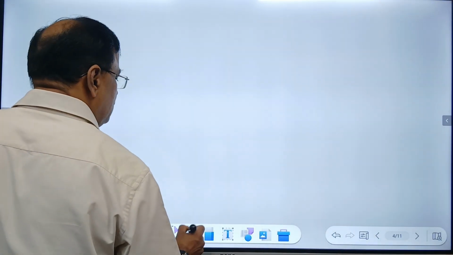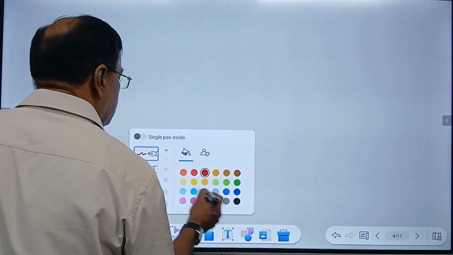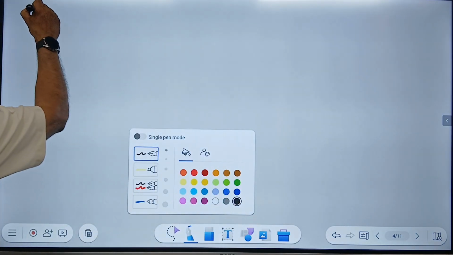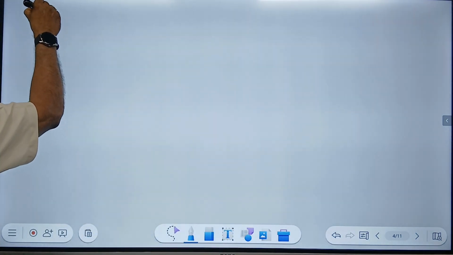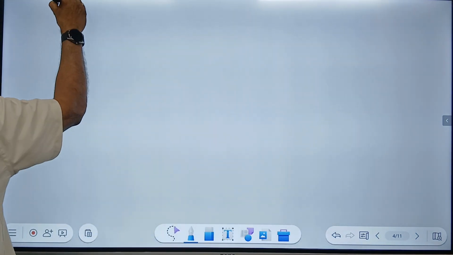Now, how do I solve the problem? I'll just give you a rough method of solving a problem. Okay. It may be useful for you to solve questions. Now, what is the method of solving problems?